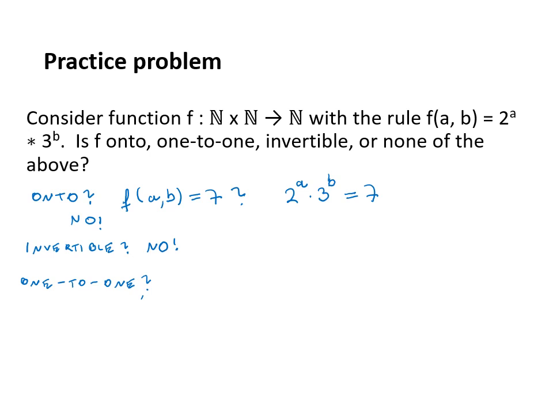So I cannot find a counterexample, and so I will tentatively conclude that yes, it is one-to-one. However, we should do a proof that it is indeed one-to-one before we really can claim this for sure. So let's do this proof on the next slide.